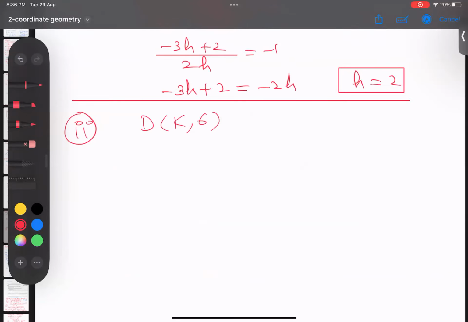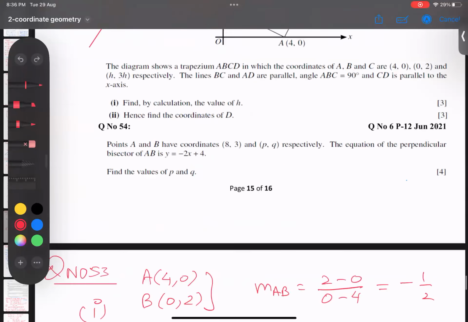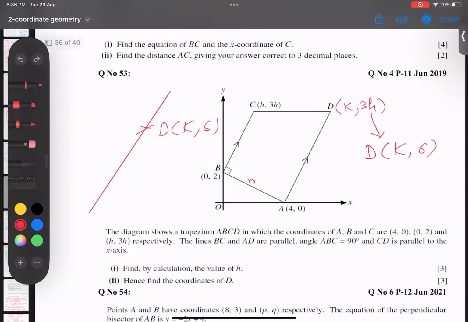Now I'm finding the equation. First, the gradient of line AB is negative half, so this line, this line, this line all have gradient negative half. Because this is perpendicular, this line naturally has gradient positive 2.